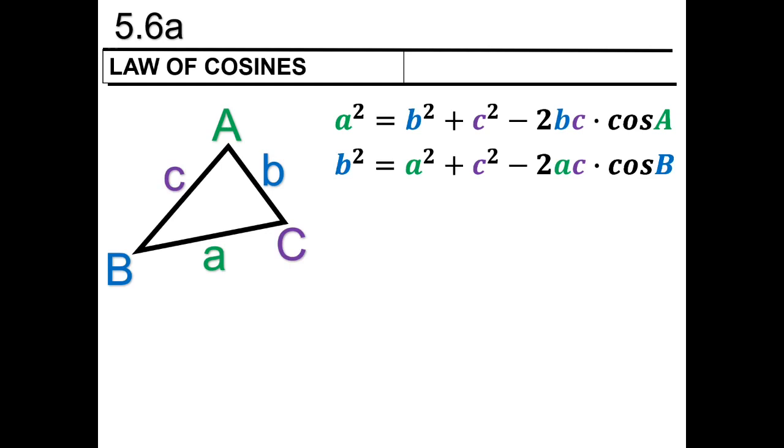If I started with side b and ended with angle b, I will fill in the other gaps with the other two side lengths, a and c. If I use side c and angle c, think about how you would fill in the remaining pieces.